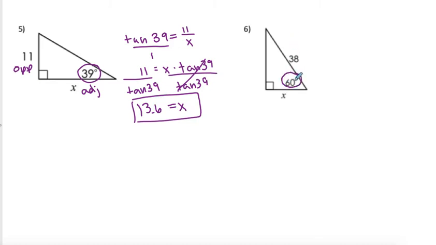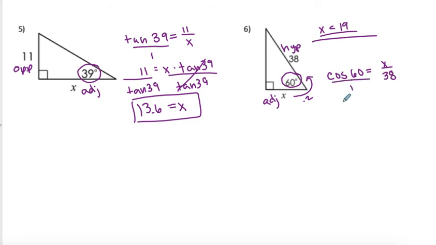Number 6, I circle 60 and think, ooh, special right triangles. How do I go from short leg to hypotenuse? I multiply by 2. So if I go backwards, I would divide by 2, giving me 19. Here's special right triangles, or I can do adjacent and hypotenuse and do my trig as well. Using cosine for adjacent and hypotenuse, cosine of 60 equals adjacent over hypotenuse, and cross multiply.